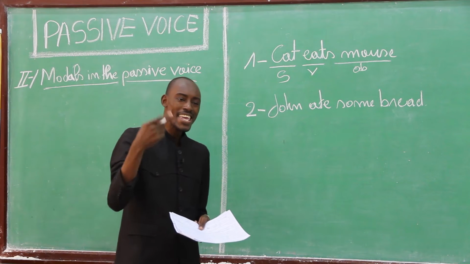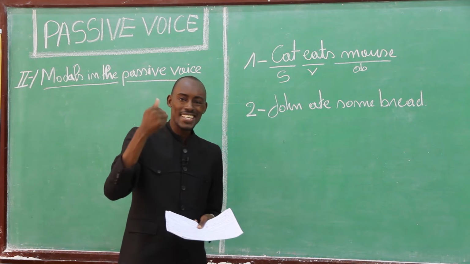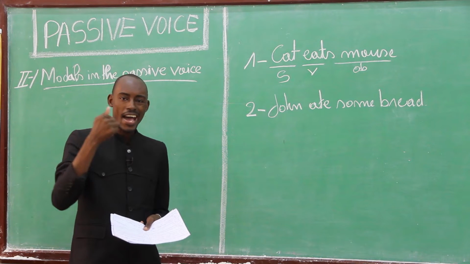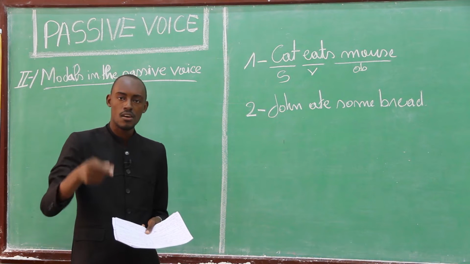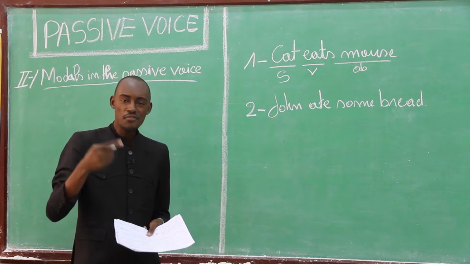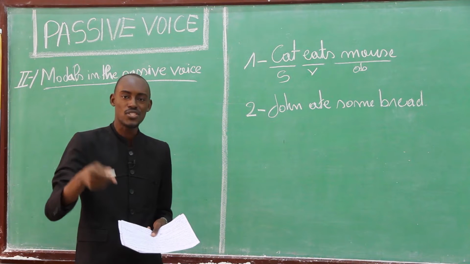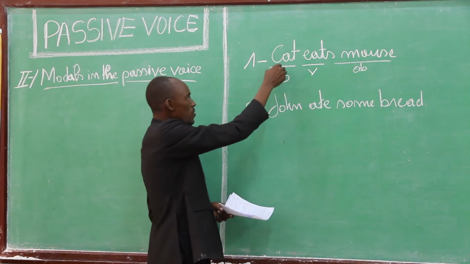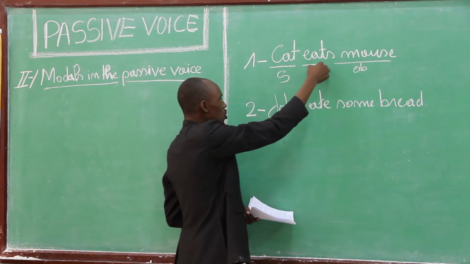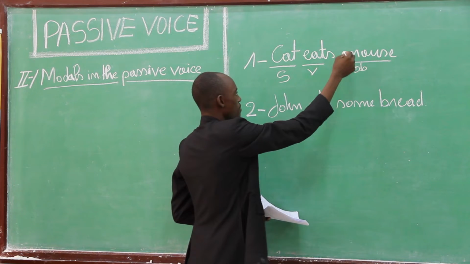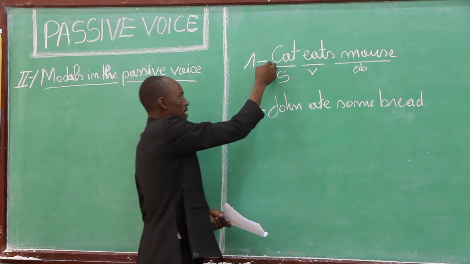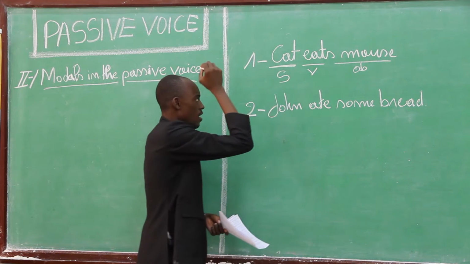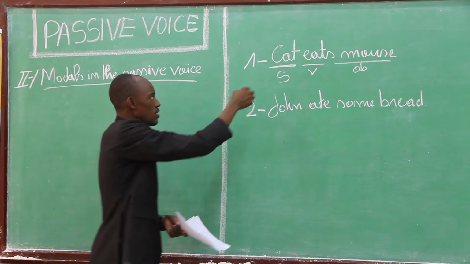And we say a sentence is in active voice when the subject does the action, when the subject performs the action. Here we notice that the action of eating the mouse is done by the subject, which is the cat.